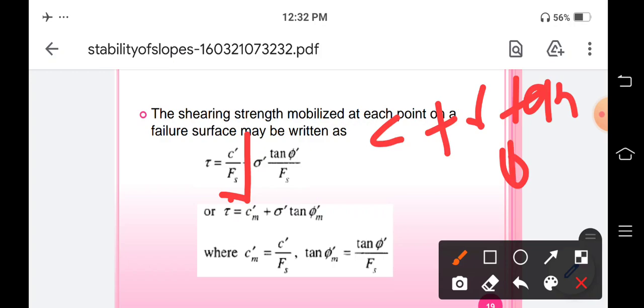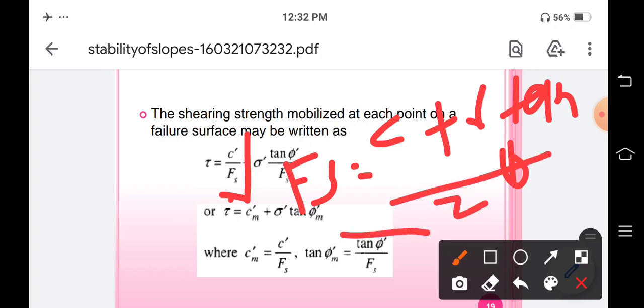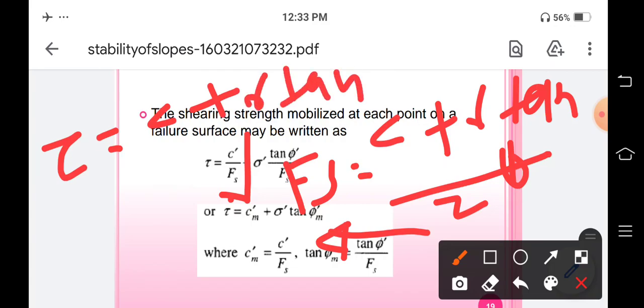So that is Fs equal to S upon tau. Okay, if you take tau towards this side, what will be our formula? So tau equal to C plus sigma tan phi upon Fs.